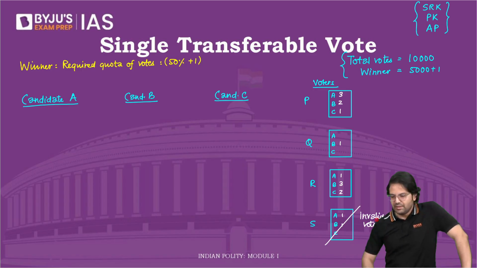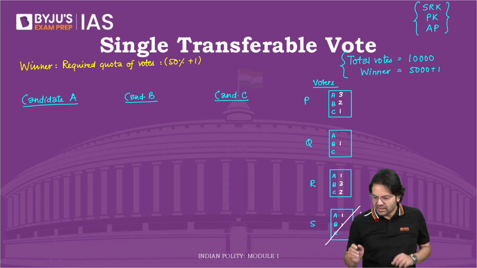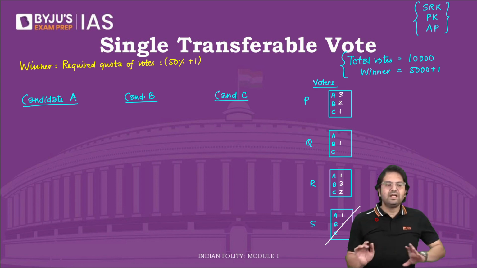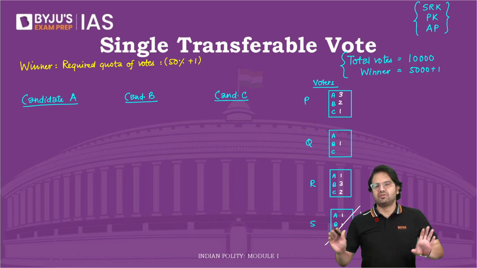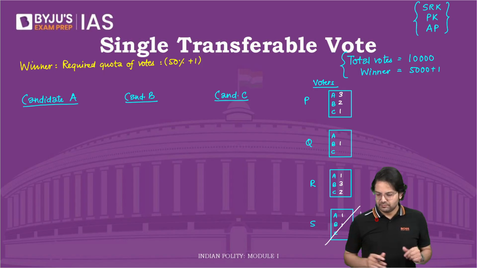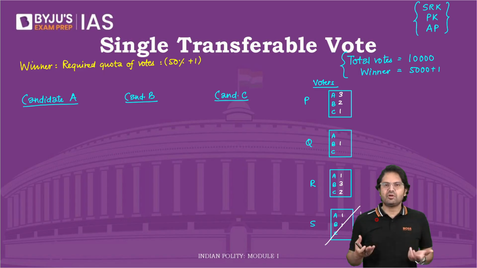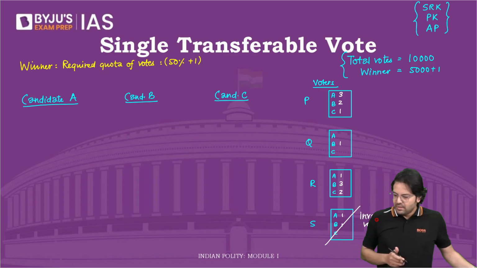Okay. Now, coming to allocating votes. All of the people have put their votes. Simple. How to decide votes? It's your personal choice. You can vote for any person you want, right?